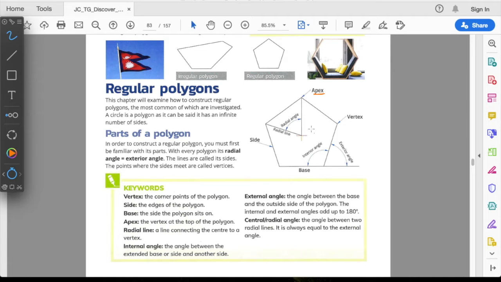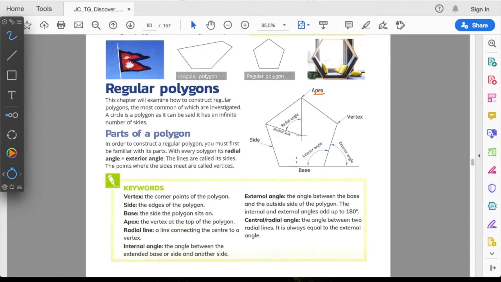Okay, so interior being inside the polygon, exterior being outside the polygon. Okay, you have the radial angle, which is if you join two vertices into the center, you will always end up with a triangle if you're looking at a polygon. Okay, and you will have your radial angle on the inside here, and then a radial line is just a line that joins it up.